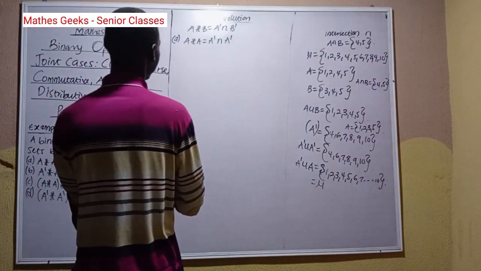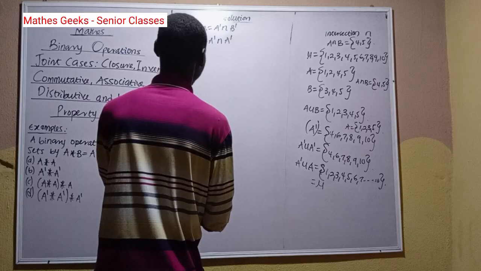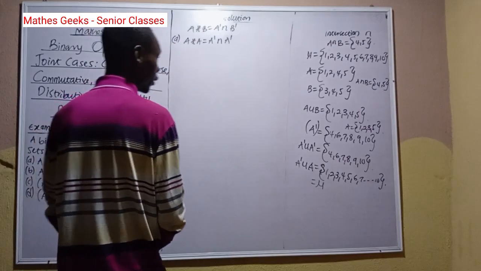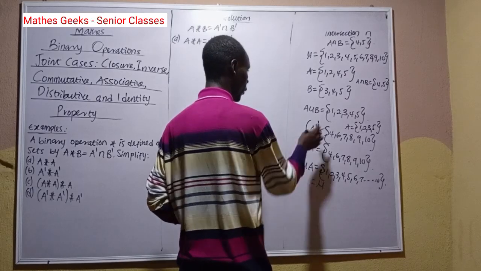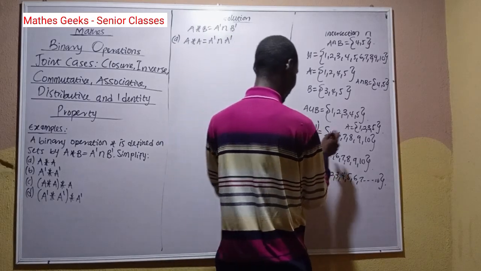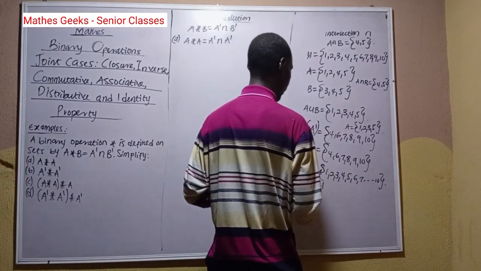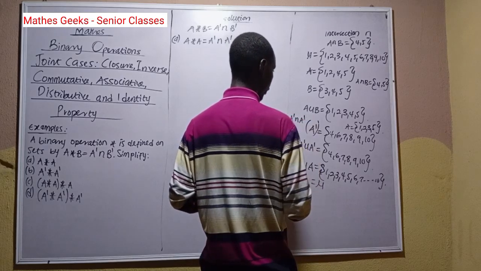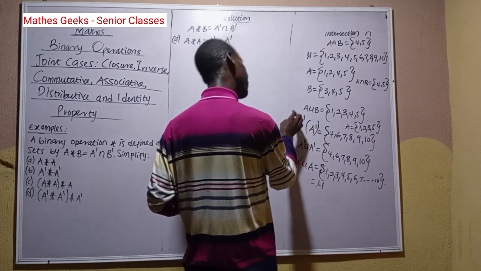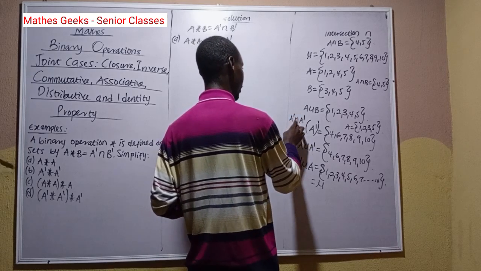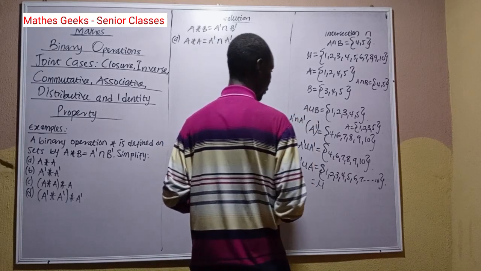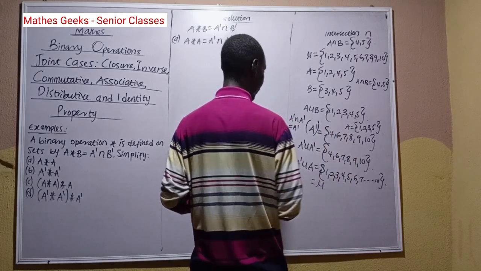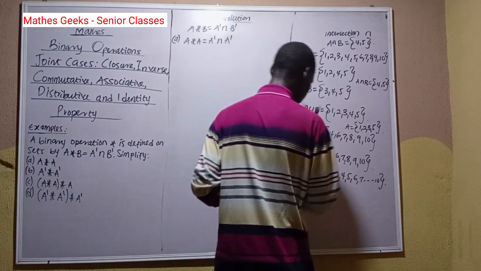So now A star A is A complement intersection A complement. If we rewrite A complement again and find the intersection of A complements, what do you think we're going to have? We're simply going to have A complement back.